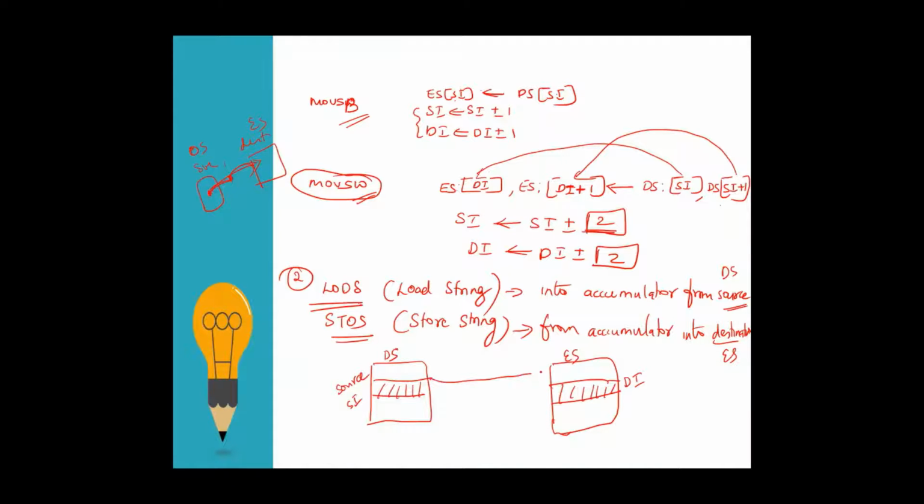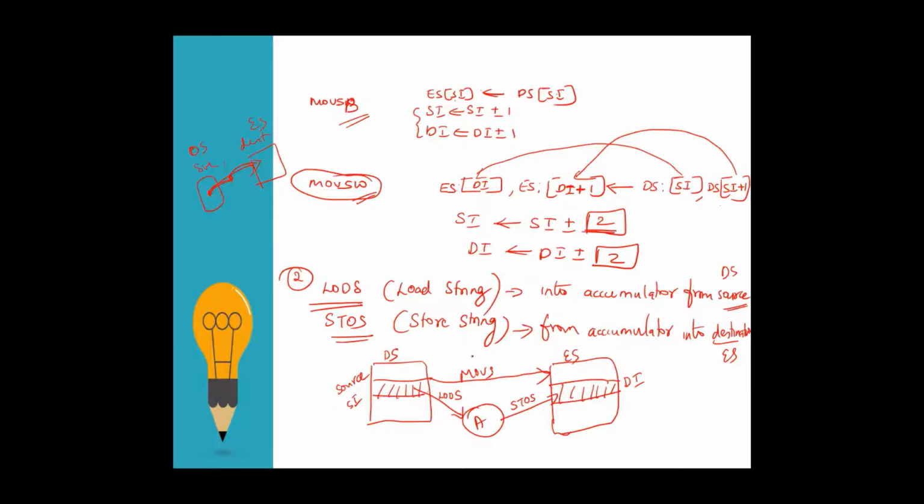So instead of directly transferring it using MOVS instruction, what you can do is you can first load this block of data into our accumulator. So LODS use करके you can move this data into the accumulator. Accumulator से आपको जो modification करना है वो आप कर सकते हो, और फिर STOS instruction use करके you can store your result into your destination.